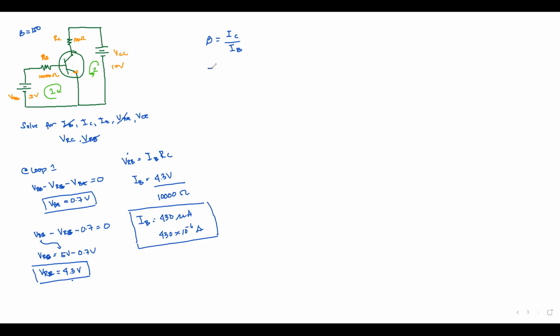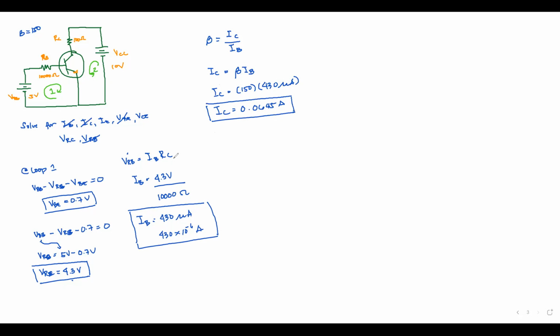So I sub C here is basically equal to beta I sub B. So in this case, I sub C now is equal to 150 multiplied by 430 microamperes. So I sub C now is equal to 0.0645 amperes. So I have now my I sub C.